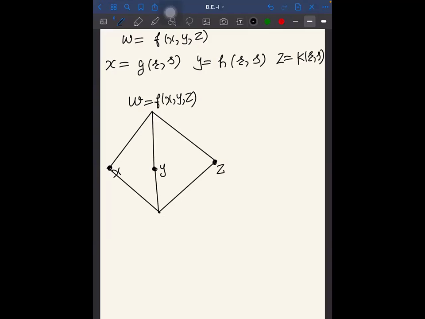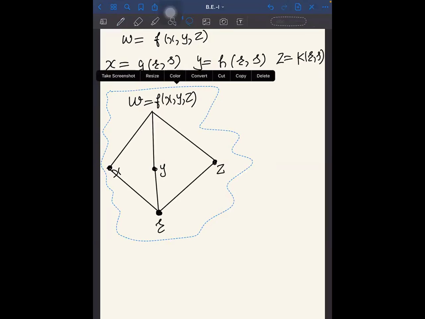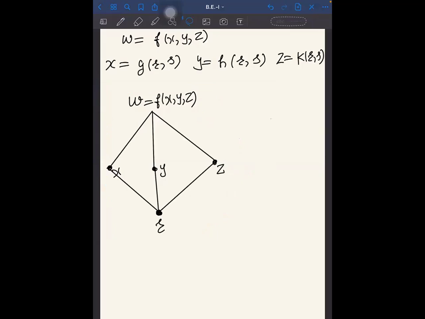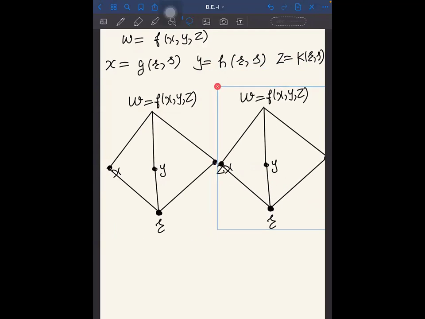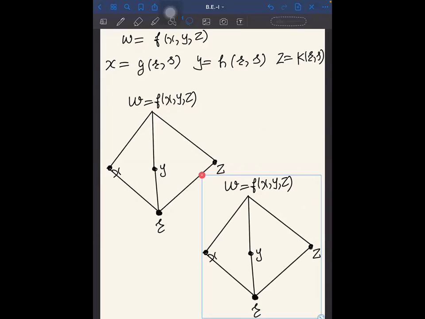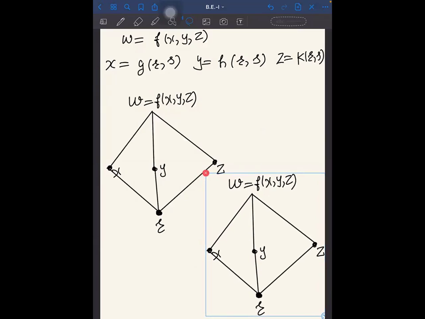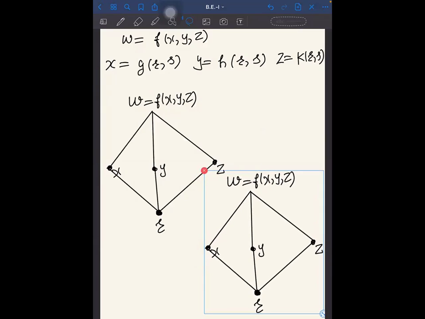Let's say I want to make the final variable R. And I make another picture over here, and here let's say I want to have the final variable S.